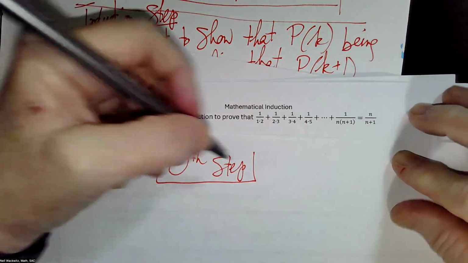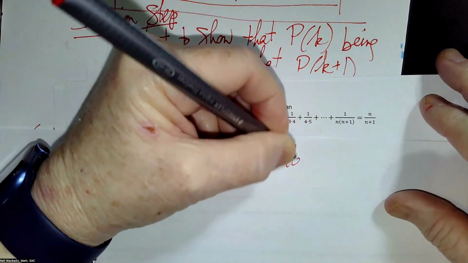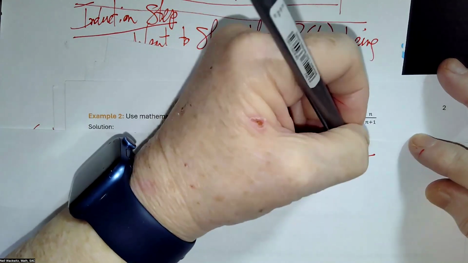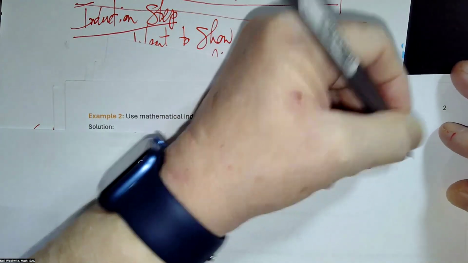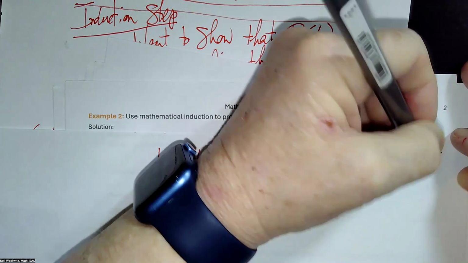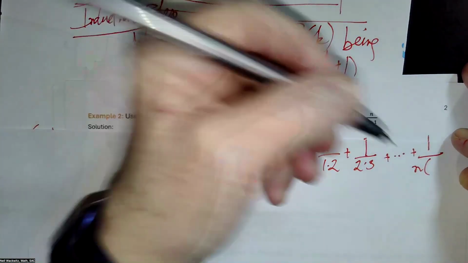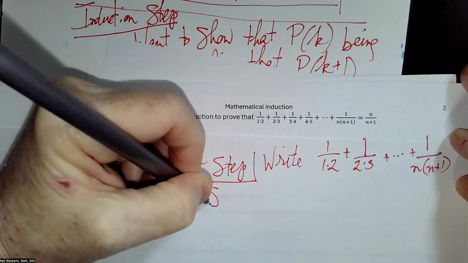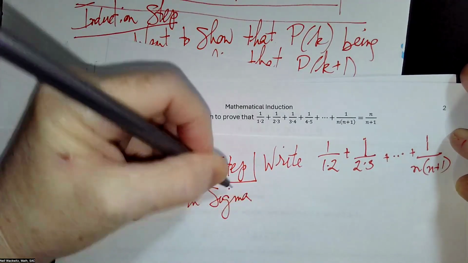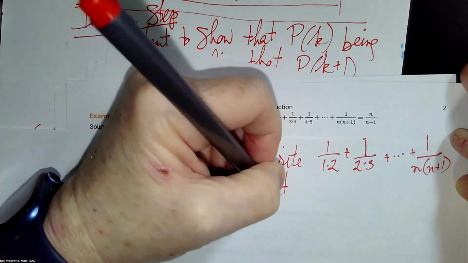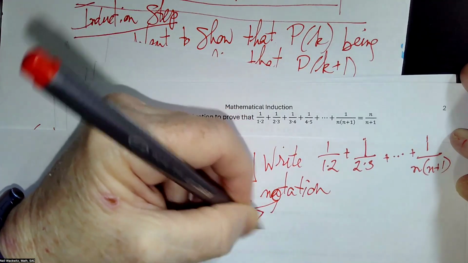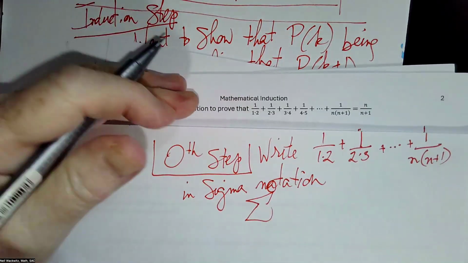The 0th step is writing 1 over 1 times 2, 1 over 2 times 3, 1 over n times n plus 1 in sigma notation. So summation notation.